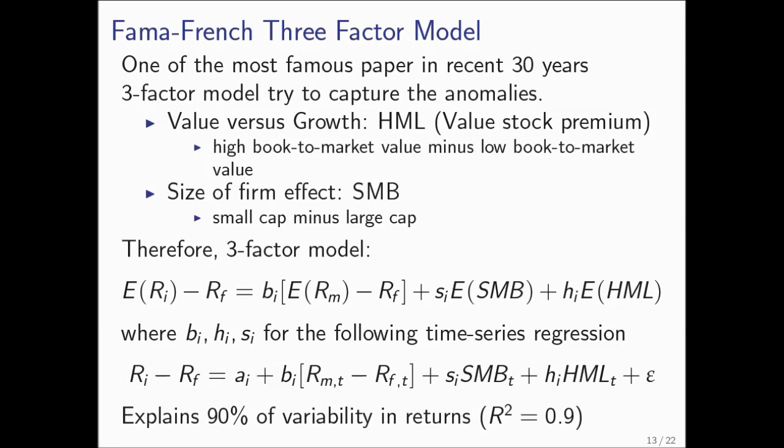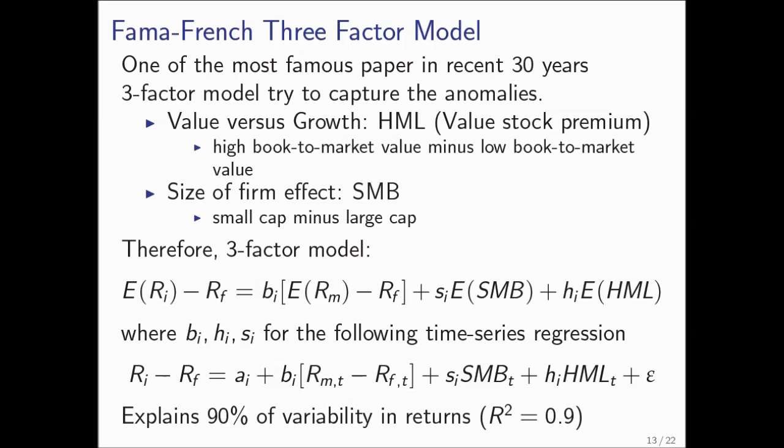Now let's consider the Fama-French three-factor model, and it is one of the most famous papers in finance in the recent 30 years. The three-factor model basically improved the CAPM model by capturing two anomalies.